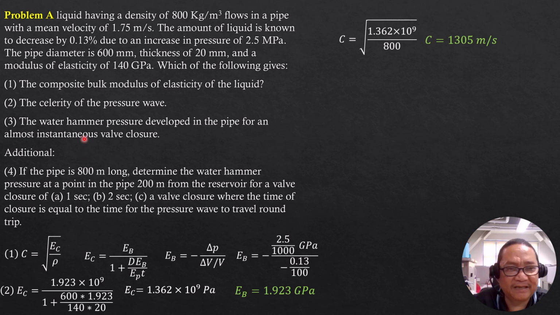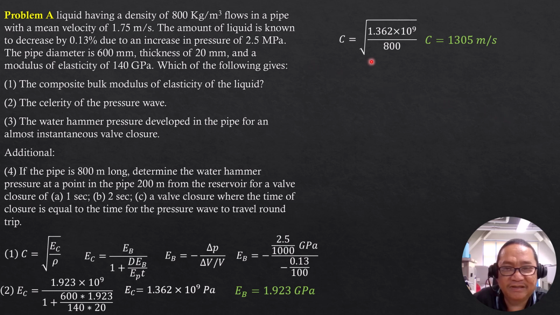Then finally, the water hammer pressure developed in the pipe for an almost instantaneous valve closure. Almost instantaneous valve closure is the same as instantaneous valve closure, and the water hammer pressure develops not only at the valve level but it extends to the reservoir.